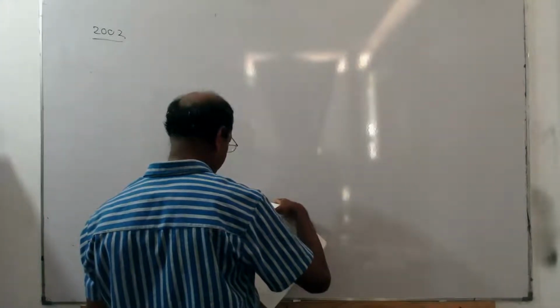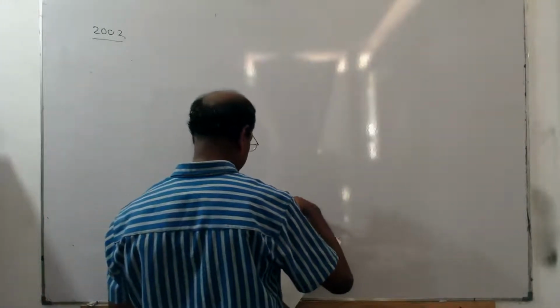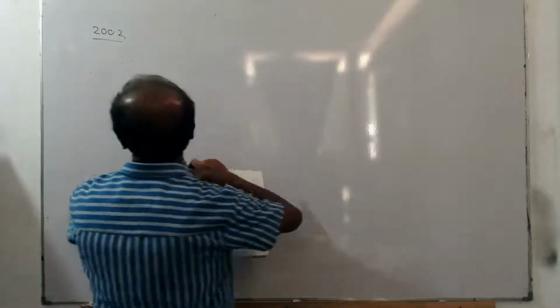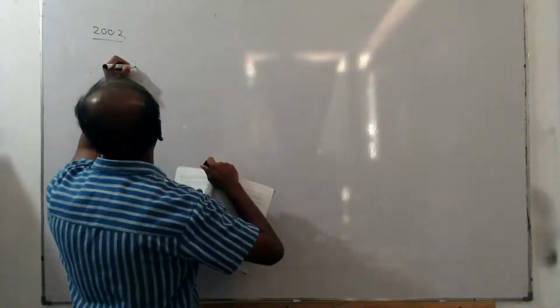The square is hung from the joint A. When it's a square, things are always easy.